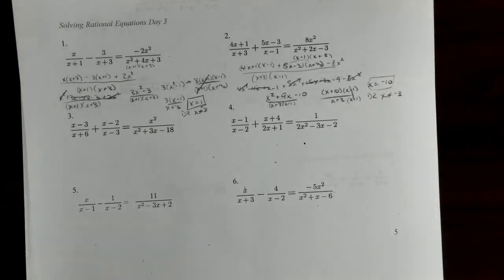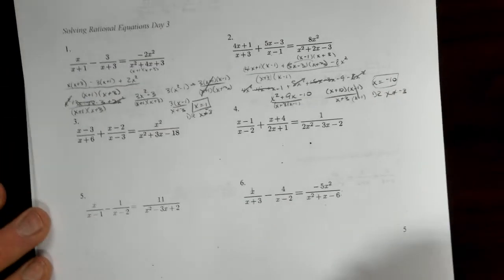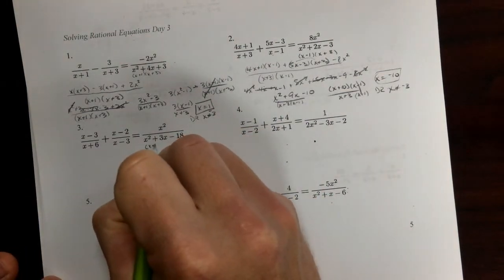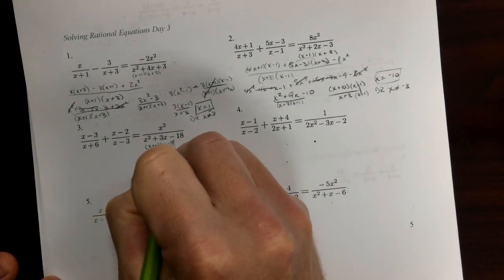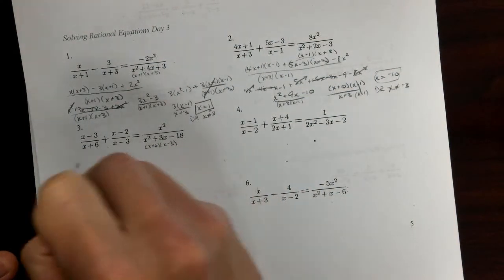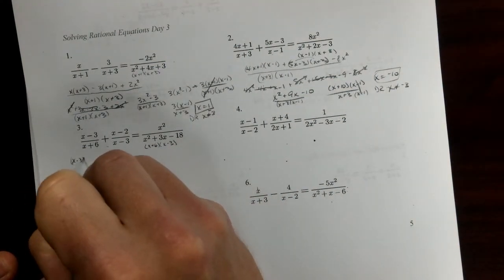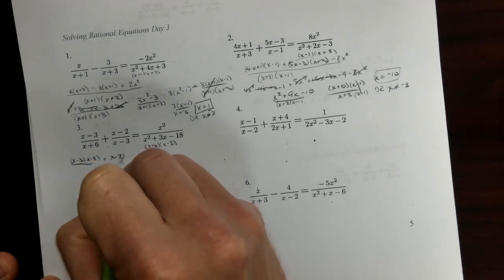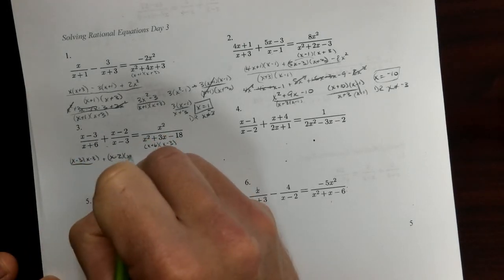Alright, let's look at number 3. Okay, number 3, factor this. Factors of 18, it's going to be x plus 6, x minus 3. So we know that this needs to be x minus 3 times x minus 3 plus x minus 2. This needs to be multiplied by x plus 6.